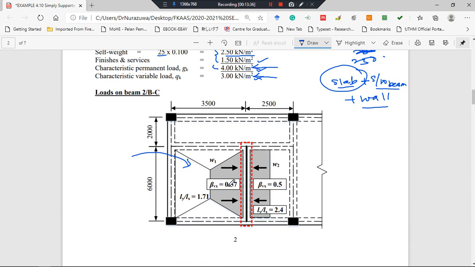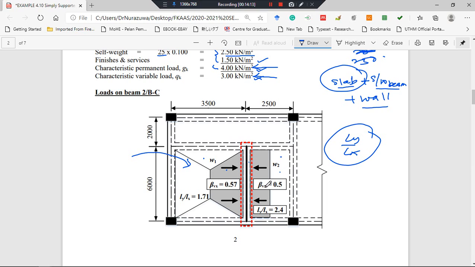So we distribute the slab loading from this floor and also this floor to this beam based on Ly divided by Lx. It is determined that this slab is a one-way slab and this slab is a two-way slab. I shortened the discussion because you know how to determine one-way and two-way slabs.